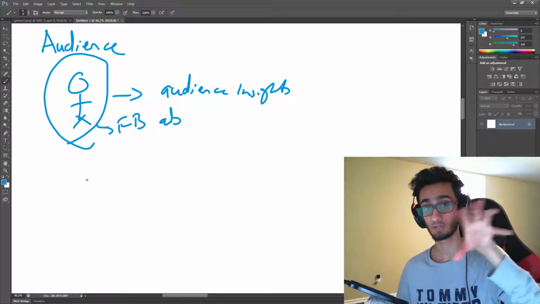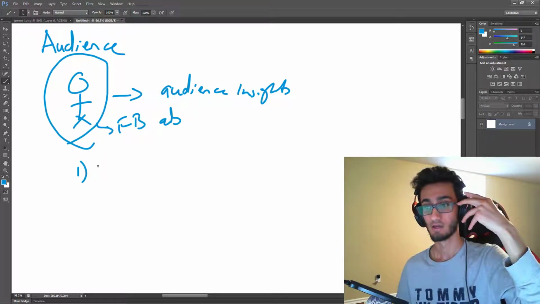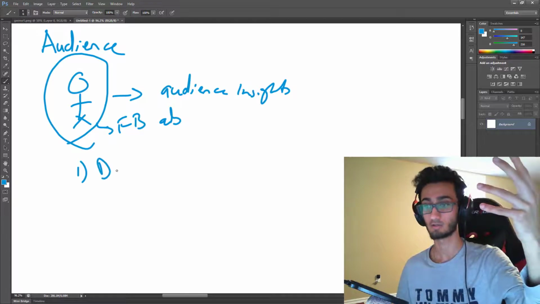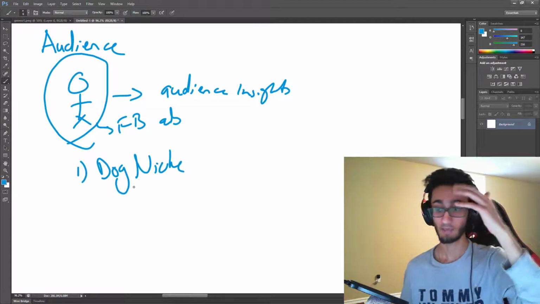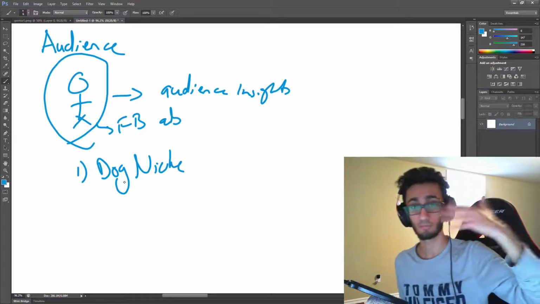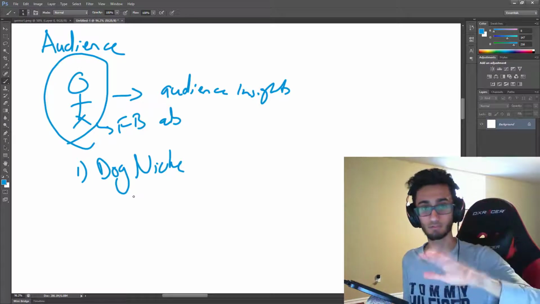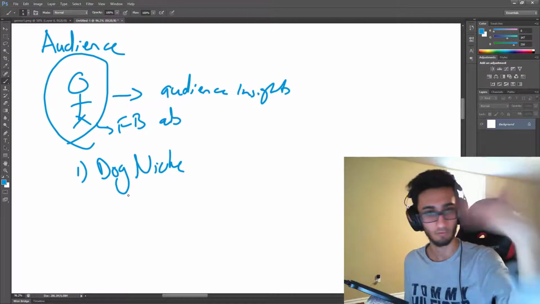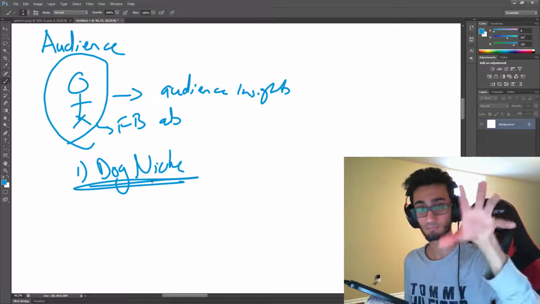Now what we're pretty much going to be covering in this example is, what if I have a product in the dog niche? If you're promoting an affiliate product, or if you're doing e-commerce, whatever it is that you're selling, whether it be affiliate marketing or Shopify or whatever, you have a pretty big niche, okay?